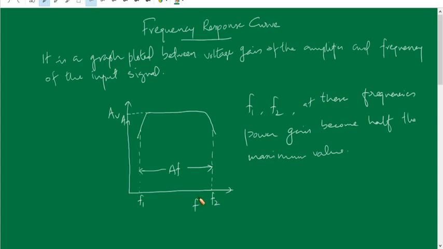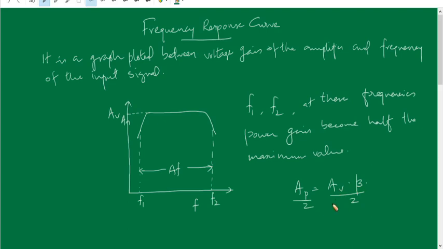At F1 and F2 power gain is half, but the voltage gain is 1 by root 2, because power gain AP is equal to voltage gain AV into the current gain beta. Multiplying by half on both sides, we get AP by 2 is equal to 1 by 2 AV into beta.